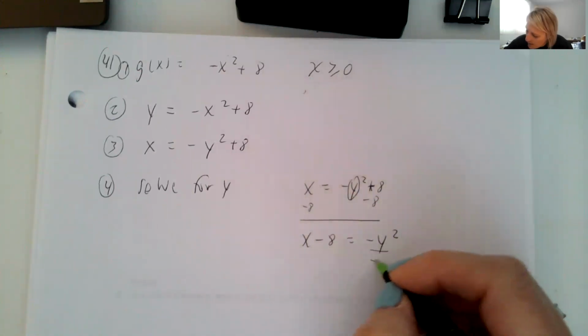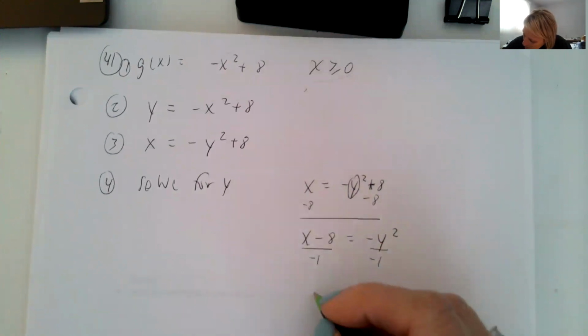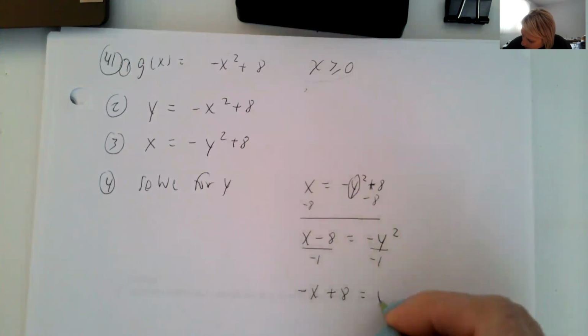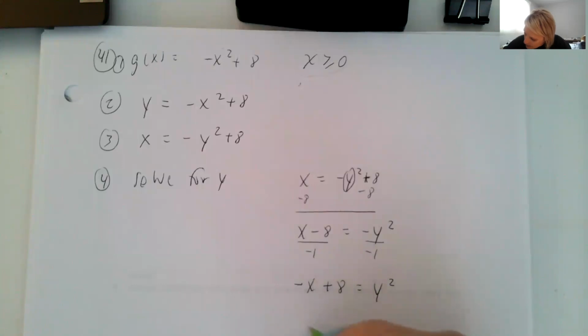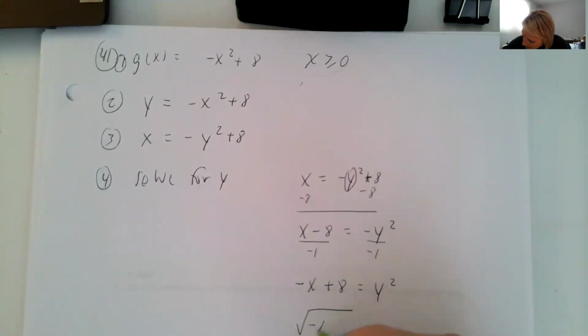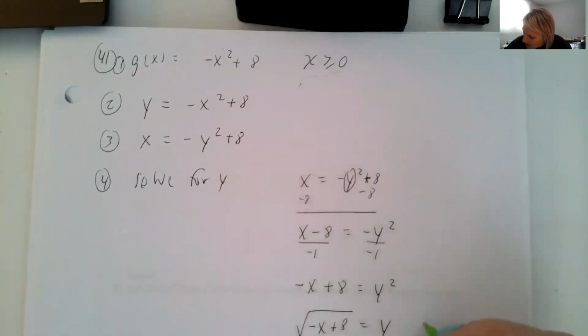We're going to divide by the negative 1. So that means we have negative x plus 8 equals y squared. And then we're going to take the square root. So the square root of negative x plus 8 equals y. And x must be greater than or equal to 0.